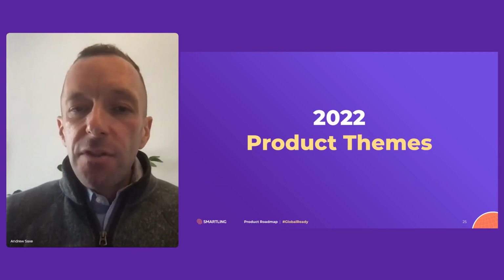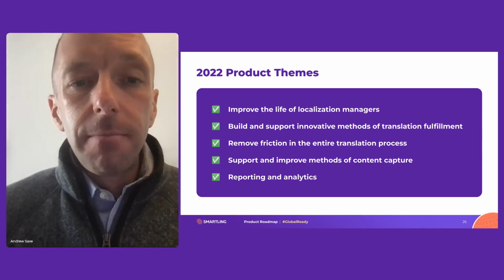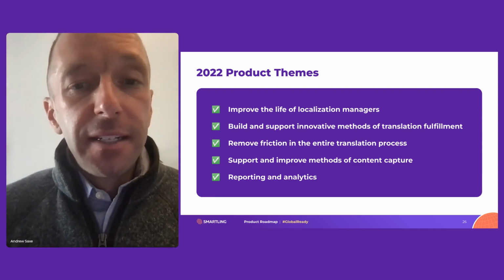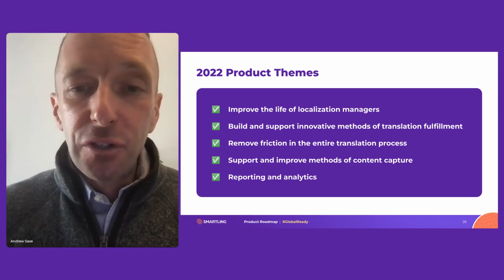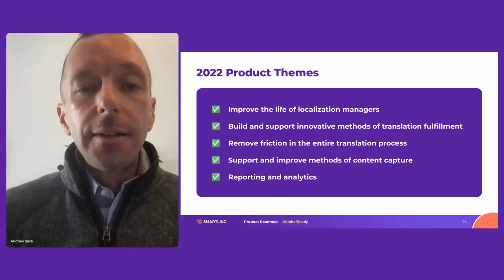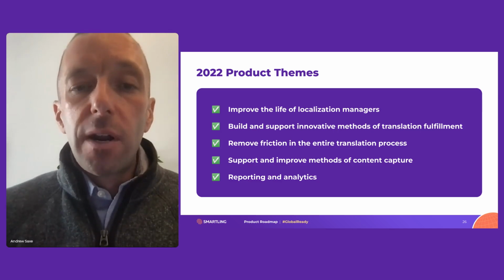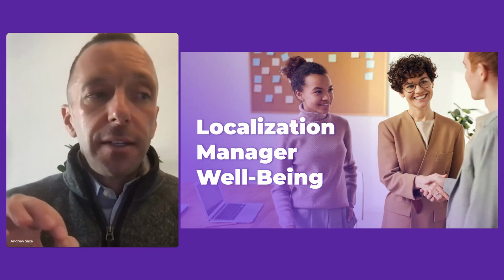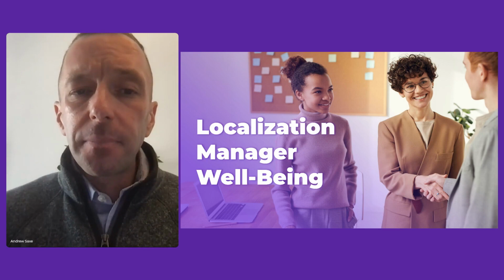And our themes for this year are: improve the life of the localization managers; build and support innovative methods of translation fulfillment; remove friction in the entire translation process, including how new users enter and use the platform; and support and improve methods of content capture and reporting and analytics. I won't go into detail on all these buckets. I will just hit a few topics in each of these areas.